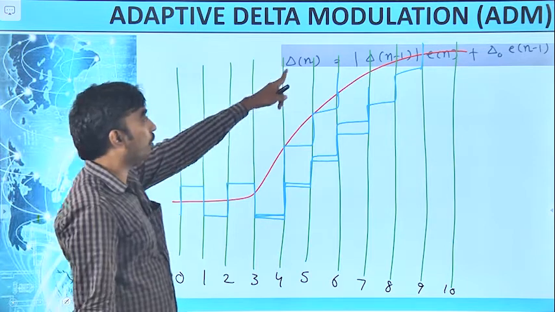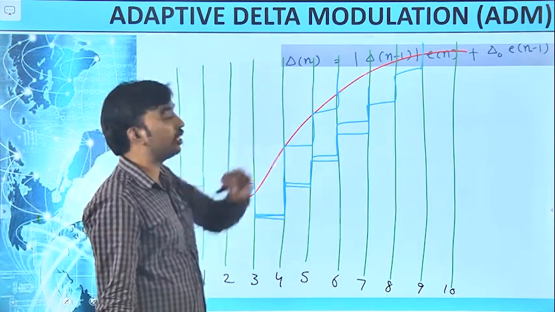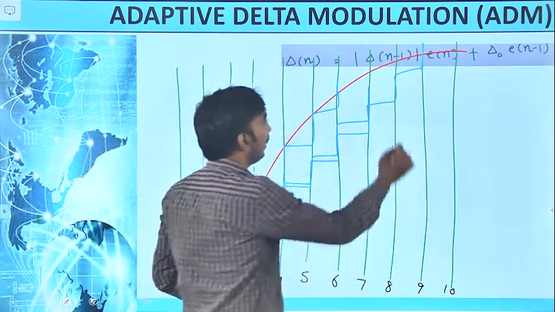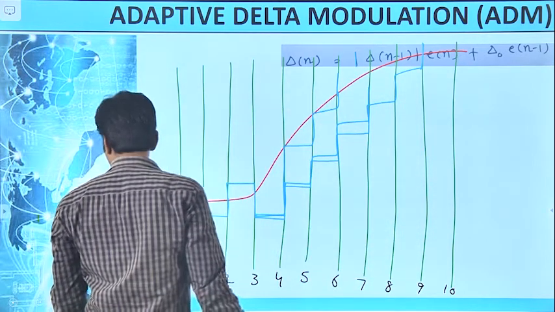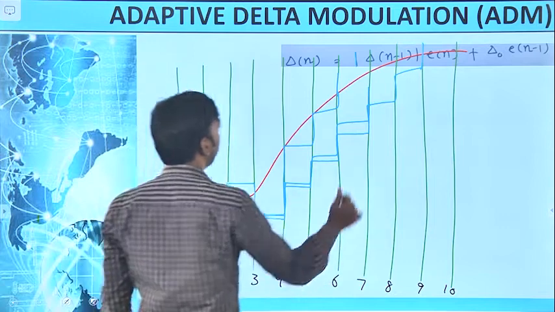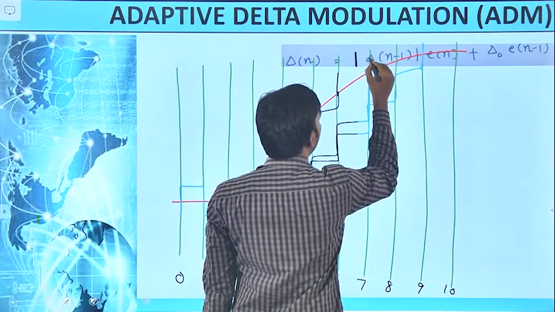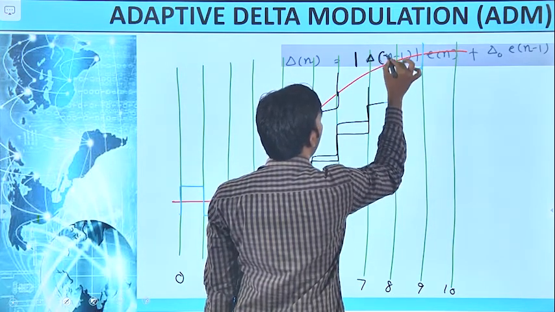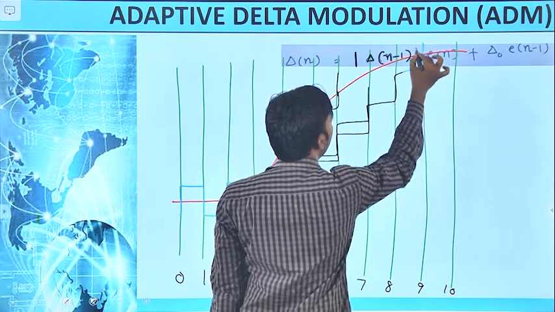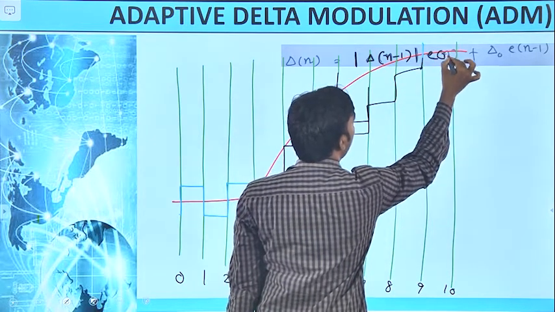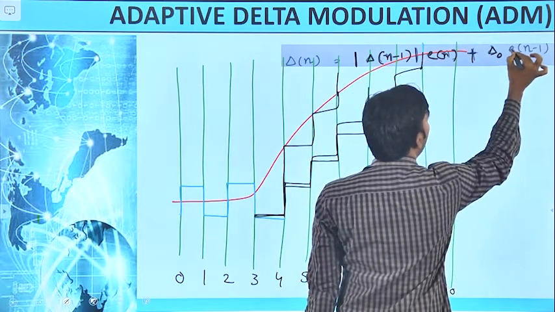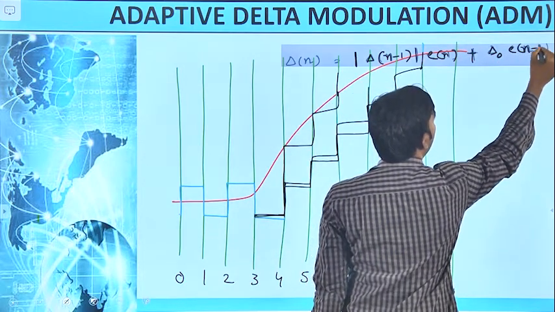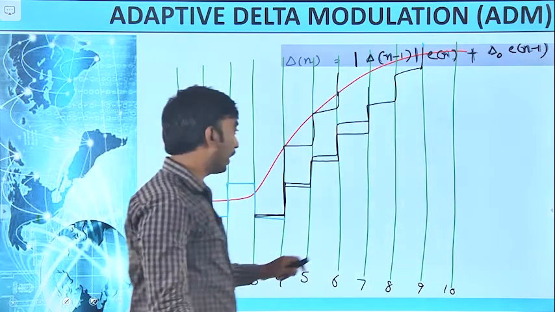Now if you see this formula: delta of n is equal to delta of n minus 1 times E of n, plus delta naught times E of n minus 1.